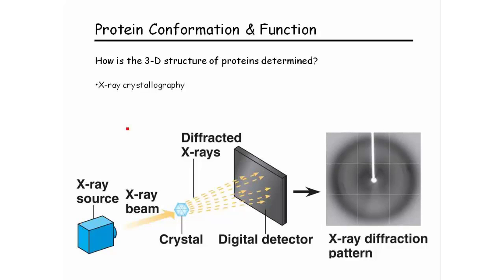And with X-ray crystallography, essentially a crystal is made of the protein. And what that means is that you have a solution that contains the protein. That solution is dehydrated, so we get rid of all of the water, so that those proteins are now in a repeating arrangement, which is the crystal.